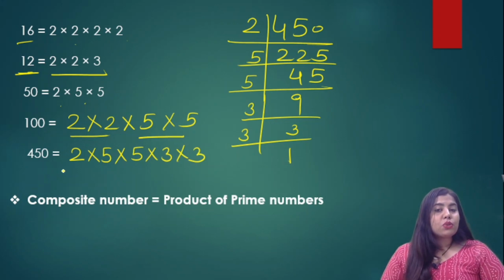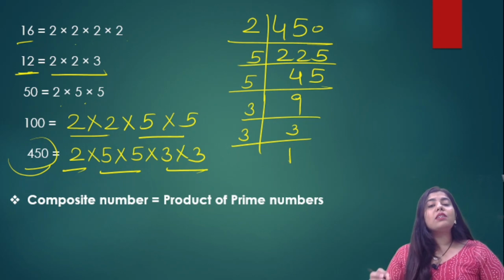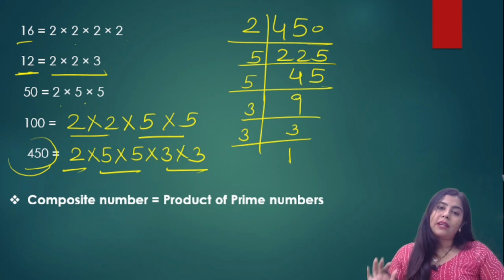We can use 1 time 2, 2 times 5 and 2 times 3. These all are prime numbers, and we can express 450 as the product of these prime numbers only. Also, we can change their order, but the factors will remain the same, which means the factorization is unique. It is the fundamental theorem of arithmetic.